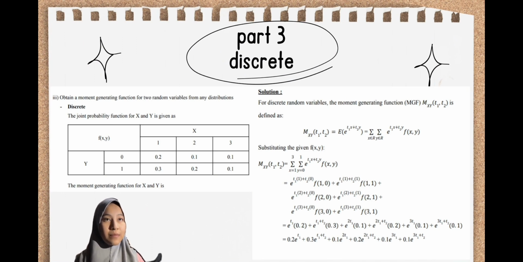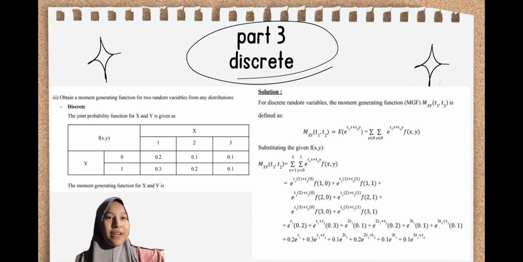Next, we need to substitute the given f(x,y) from the joint probability function. The MGF for x and y is equal to the sum of x equal to 1 to 3 and the sum of y equal to 0 to 1 of e to the power of t1x plus t2y times f(x,y).